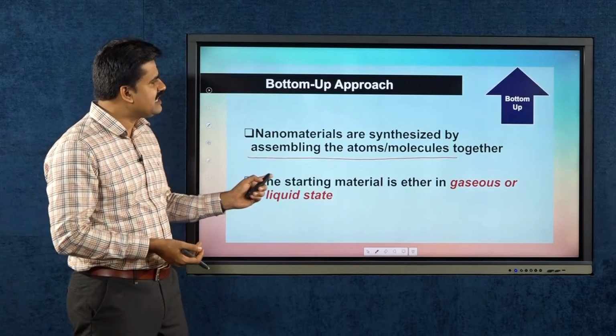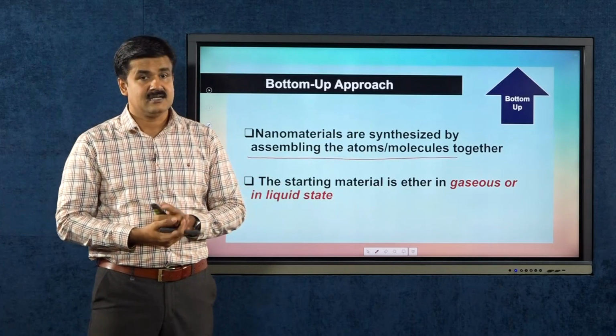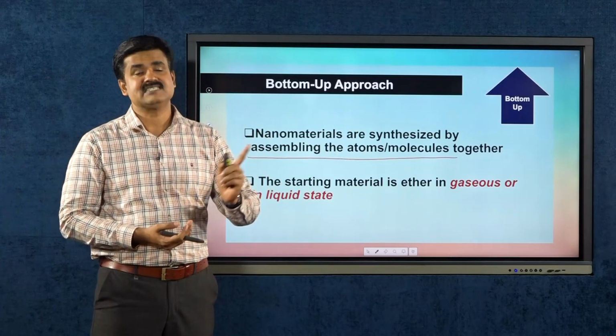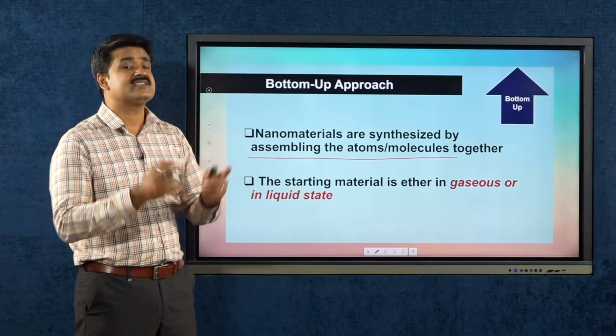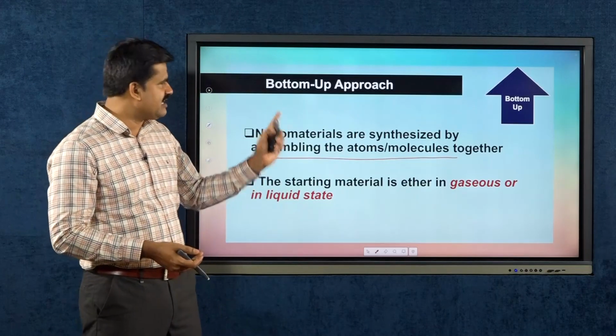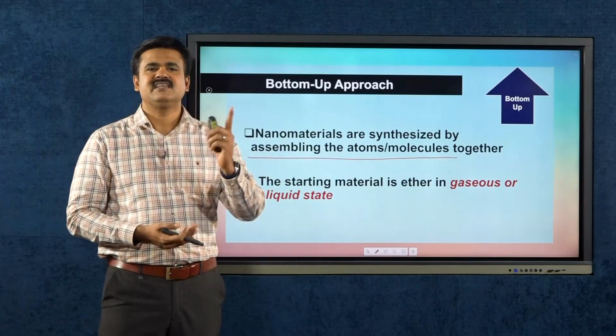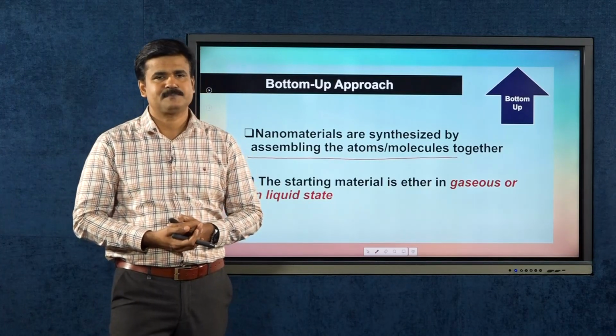The starting material may be in the gas or liquid state. But in the previously discussed top-down approach, you have to remember that the starting material is in the solid state. The starting material in the bottom-up approach is either in the gaseous state or in the liquid state.